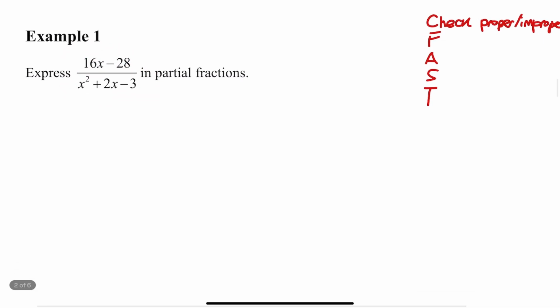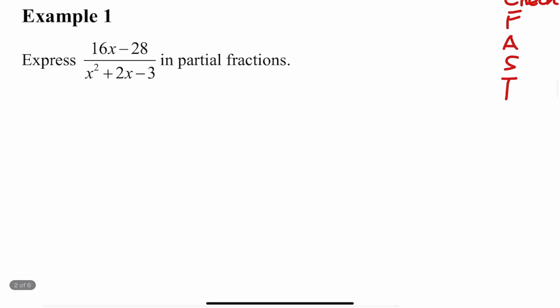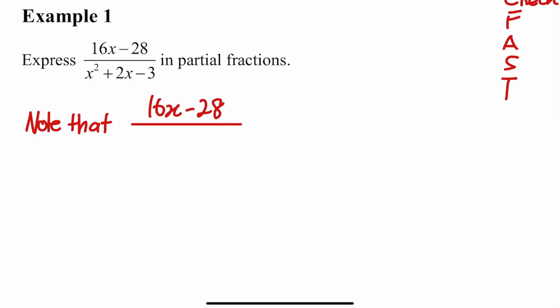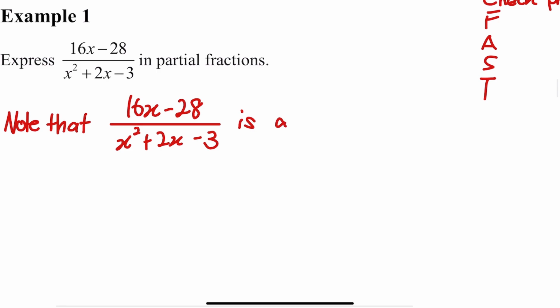So over here we can write that 16x minus 28 divided by x squared plus 2x minus 3 is a proper fraction.